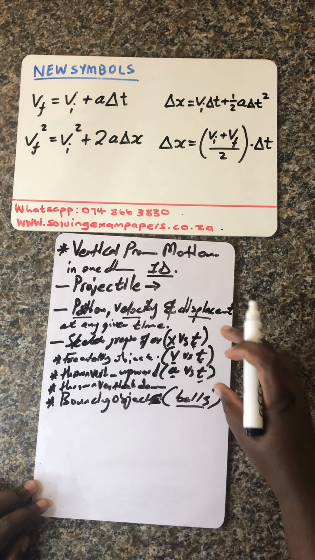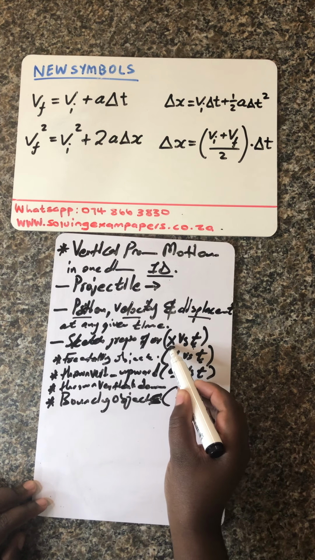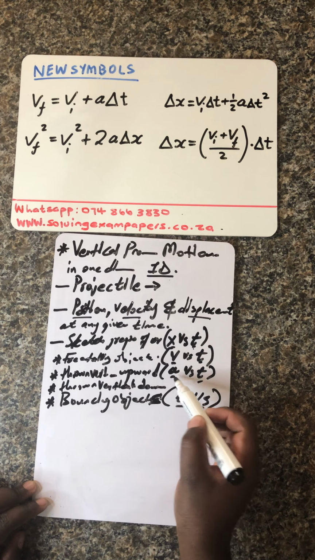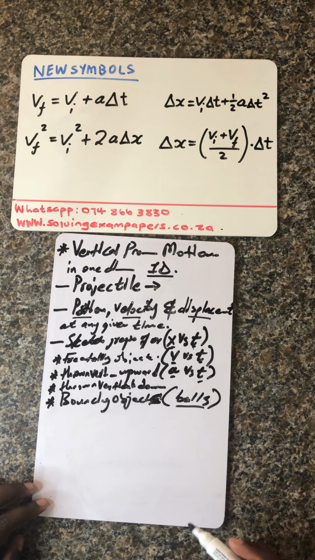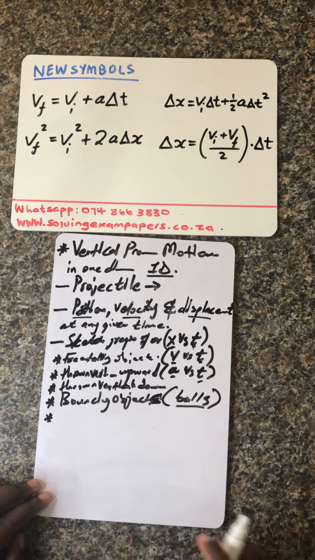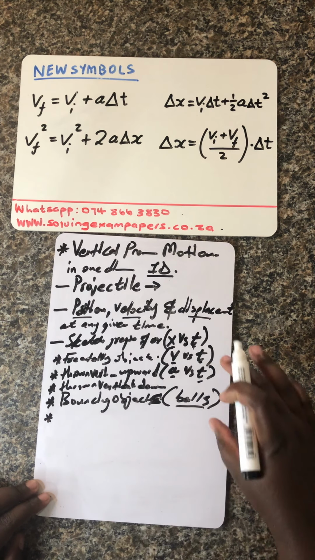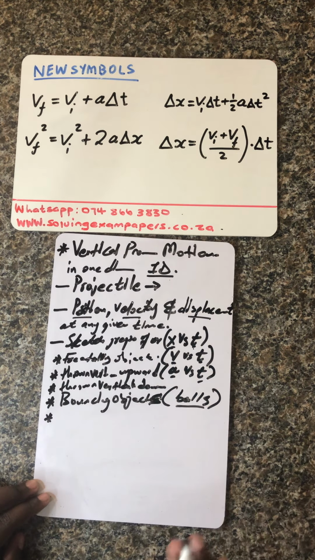That also can be represented in terms of a sketch, where we sketch its position versus time, velocity versus time, and acceleration versus time. Okay, not only that, ladies and gentlemen, again, let me see, I think 1, 2, 3, 4, yeah, I think this is all that you need to be aware of for now as a high school learner.